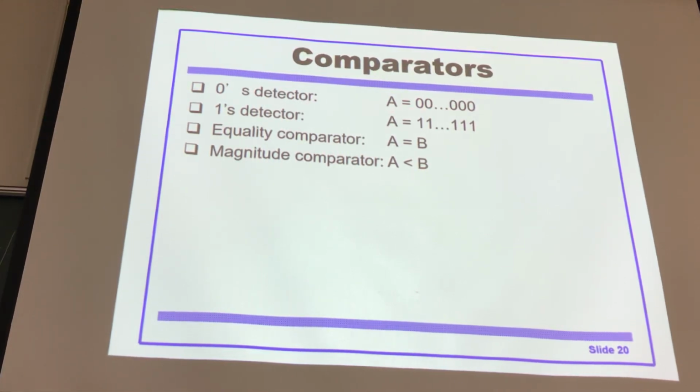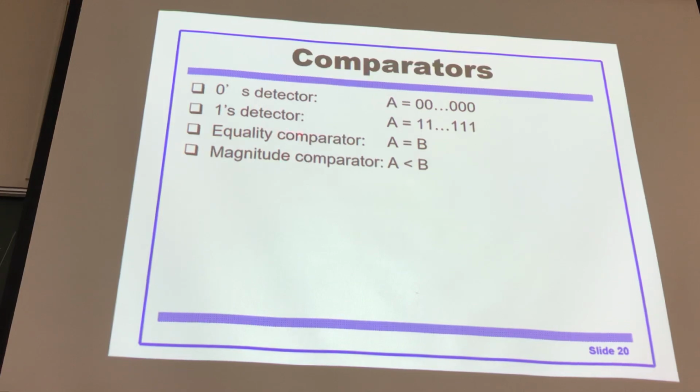Okay. For 1 detector, if each bit is 1, you get 1. Equality comparator: if both are equal to each other, then you get 1. Magnitude comparator: either less than b, or greater than b, or equal to b.